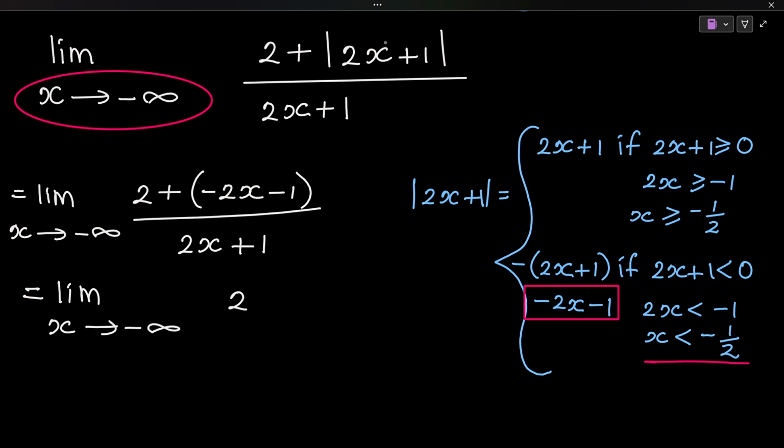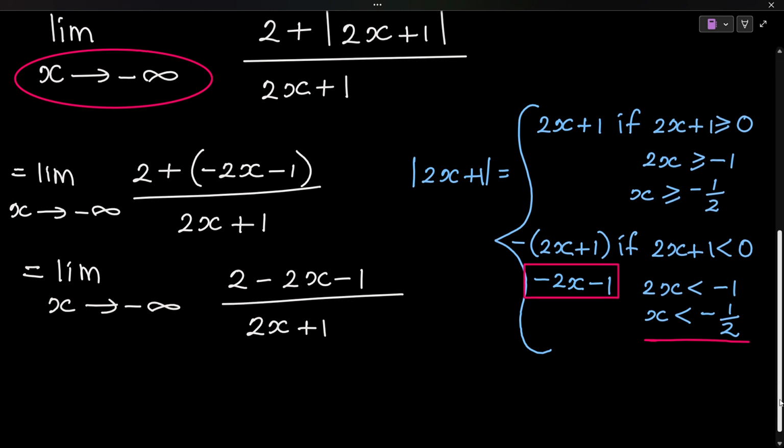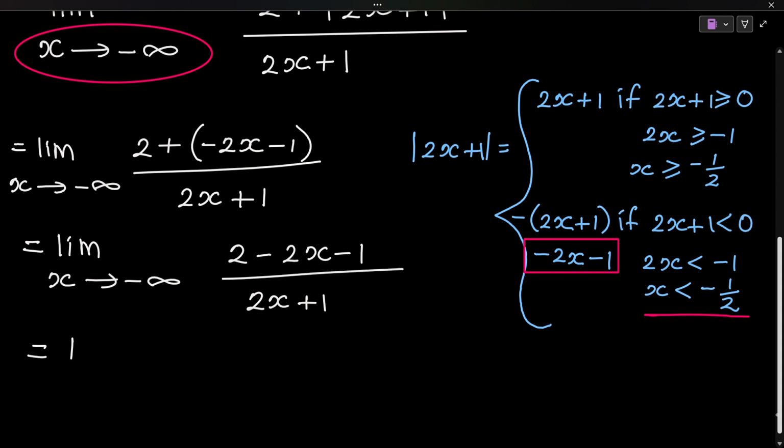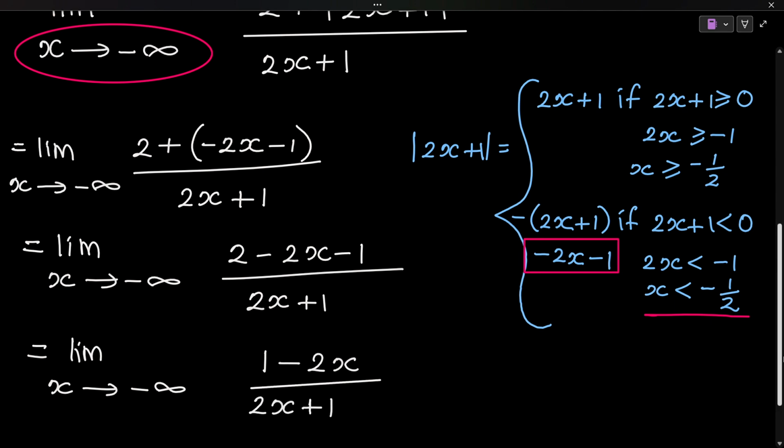So that's going to be 2 minus 2x minus 1 over 2x plus 1. Now, to simplify this, we've got 2 minus 1, so we've got like terms. So that can be rewritten as 2 minus 1 is 1. So 1 minus 2x all over 2x plus 1.